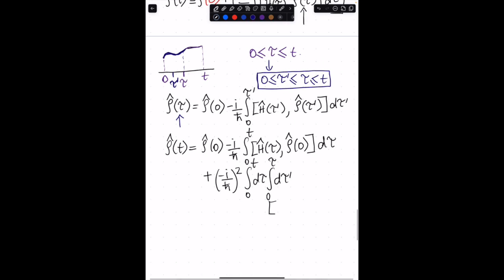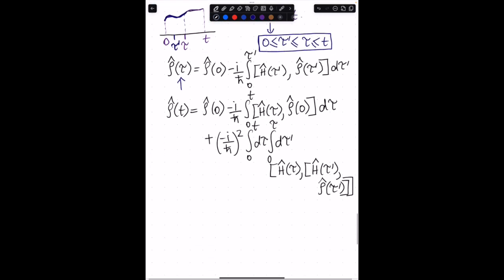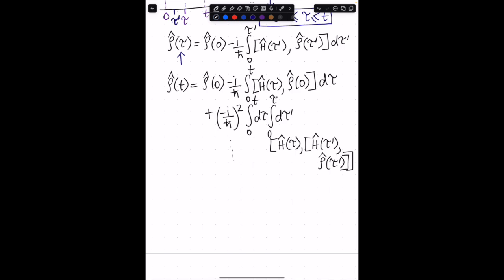You have the Hamiltonian at tau with the commutator of Hamiltonian at tau prime, rho tau prime. So this is what you get at this situation. And then you can proceed to do this iterative procedure over and over again, let's just say an infinitely large number of times.